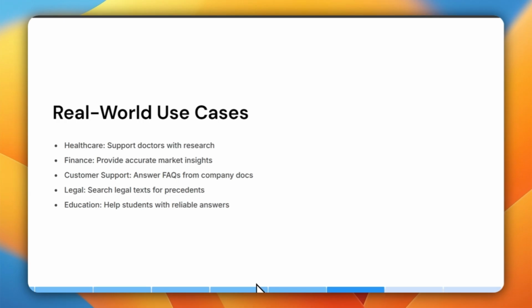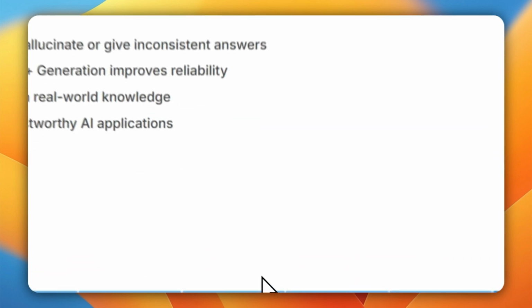RAG can also be used in finance, to provide accurate market insights. Customer support in any company, to answer FAQs from company documents. Search legal texts for precedents, and in education, it can help students with reliable answers.